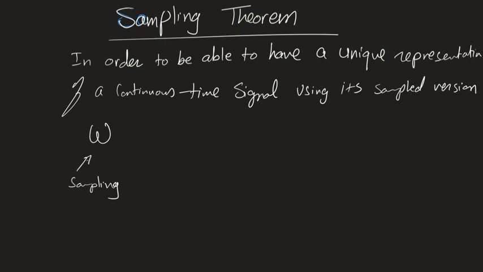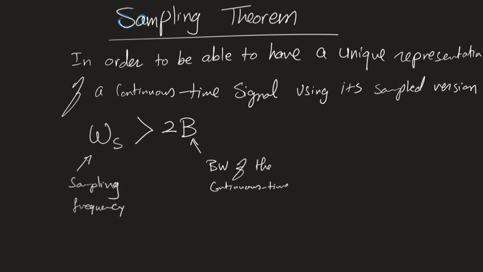So anyways, the sampling frequency omega s has to be strictly greater than 2b, where b is the bandwidth of the continuous time signal.